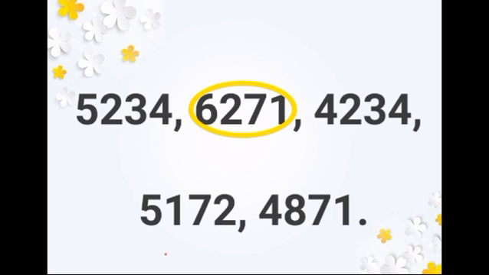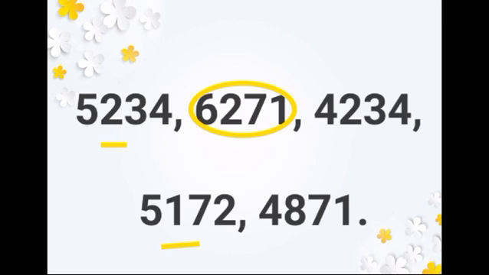Let's see the remaining 4 numbers. Which is the bigger number in the thousands place? Yes, 5. But there are 2 fives in the thousands place. So, we compare the hundreds place in each number. Dears, which is the bigger number in the hundreds place?